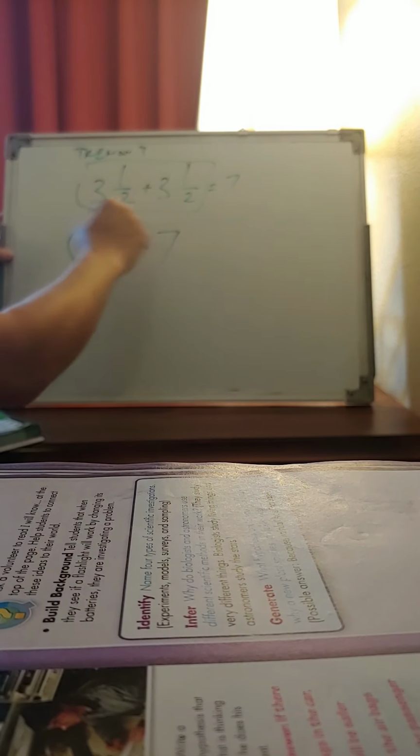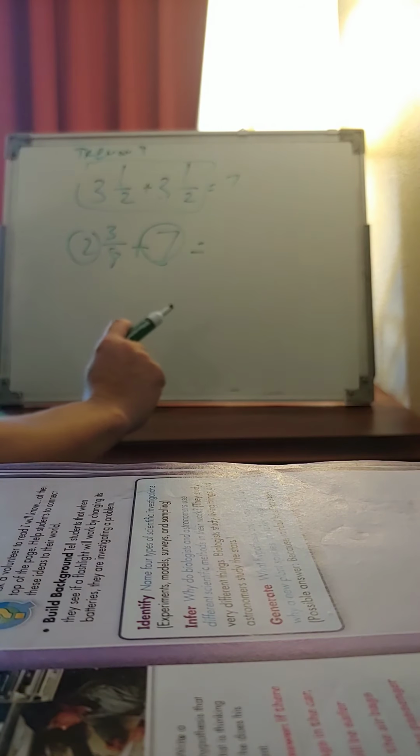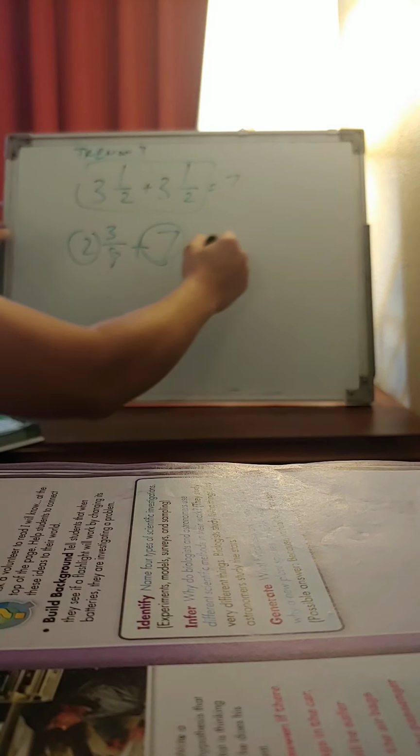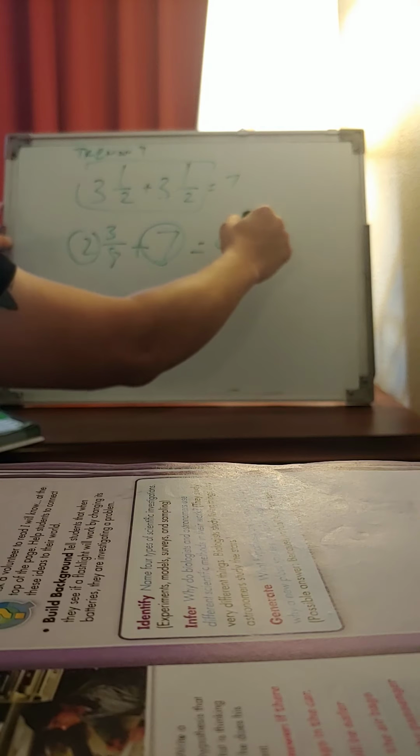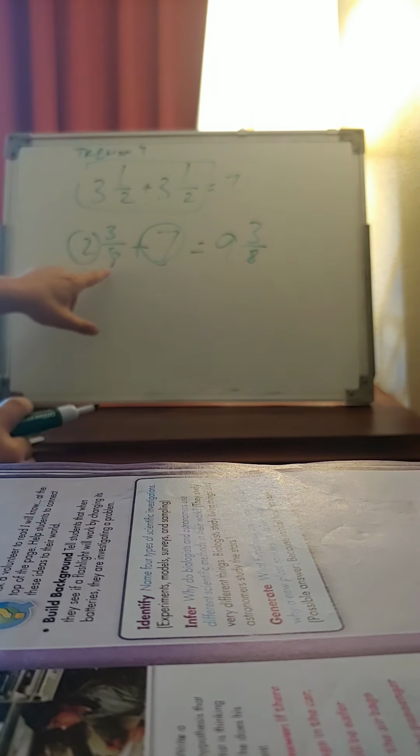Okay, we have a whole number and a whole number. This one doesn't have any fraction, so we're not going to complicate things. Okay, 2 plus 7, 9. We have 9 and 3/8, with the 3/8 left over from this portion. Okay, that is our total for the amount that Chloe and Bernie traveled.